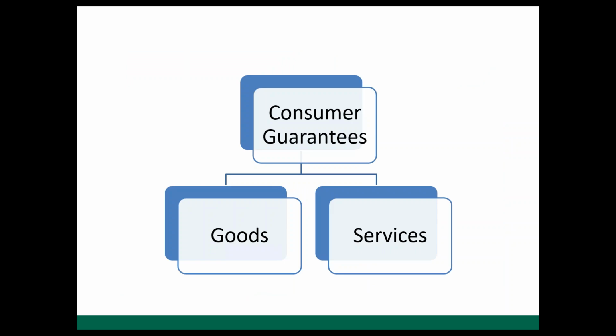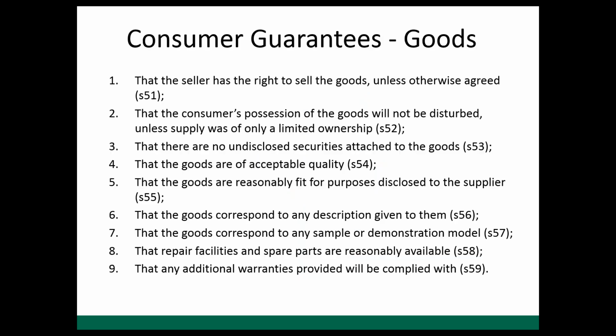There's two parts to the consumer guarantee. A large part of the consumer guarantees is based on goods, and we're not going to really focus on that today. What I am going to focus on is the consumer guarantees in relation to services. So the consumer guarantees relating to goods, I have listed them here just for your general knowledge, and it's good for you to also be aware as a consumer yourself.